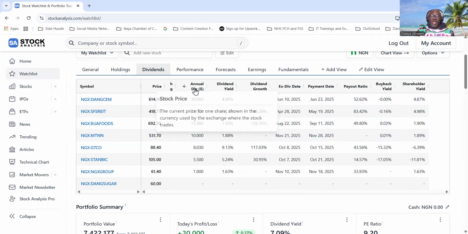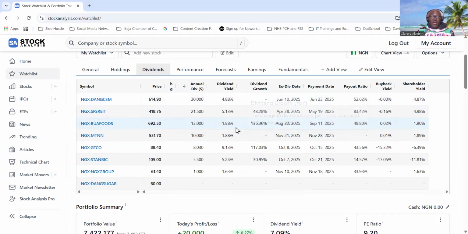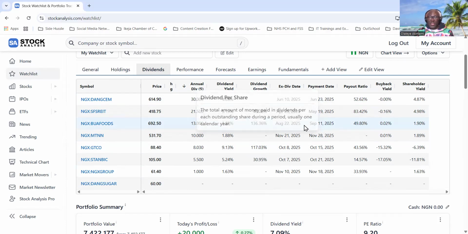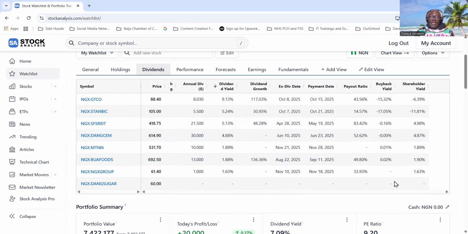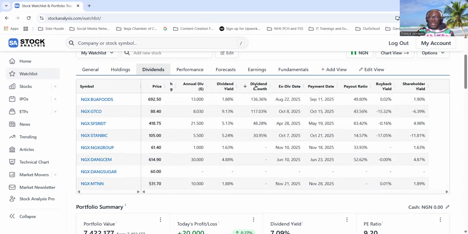And then you can arrange these stocks according to the one with the highest price, or the one that pays you the highest dividend, or the one that has the highest dividend yield, or the one that has the highest dividend growth. So this is a very good way to analyze your stocks, especially for people that have more than three stocks. This is the way to analyze and to see how your stocks are performing.